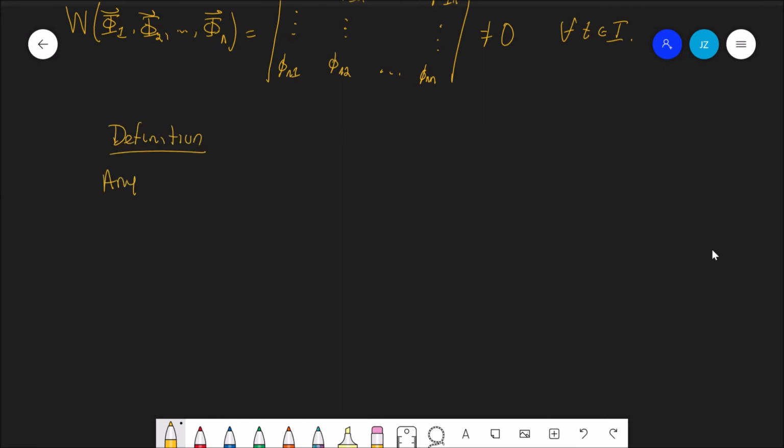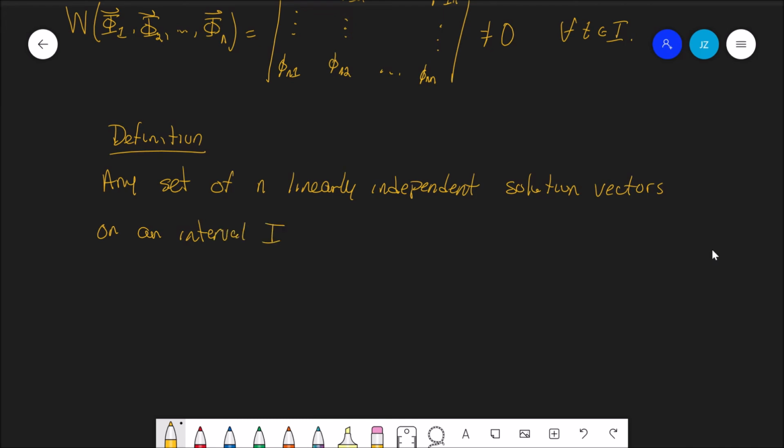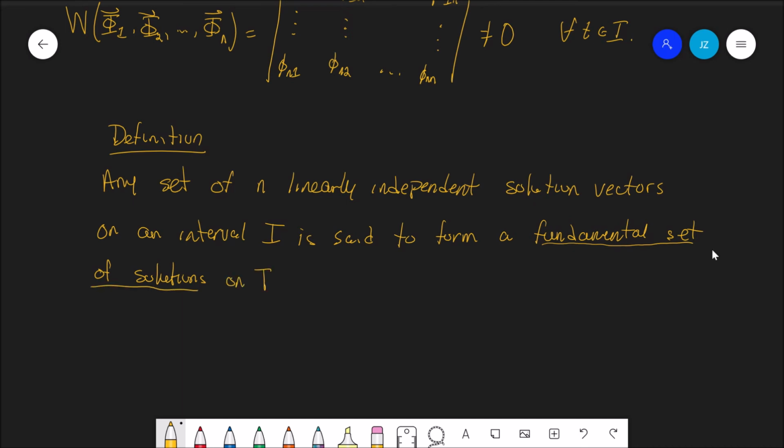Now, any set of n linearly independent solution vectors on an interval I is said to form a fundamental set of solutions on the interval.